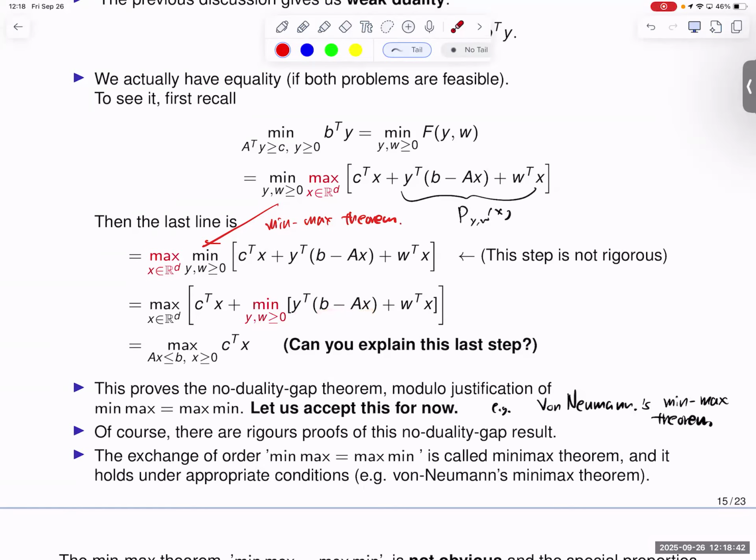The original constraint says Ax is less than b, but suppose this is negative, so Ax is bigger than b. Then for your y, there's no other constraint than non-negativity, so you can choose infinitely large y.